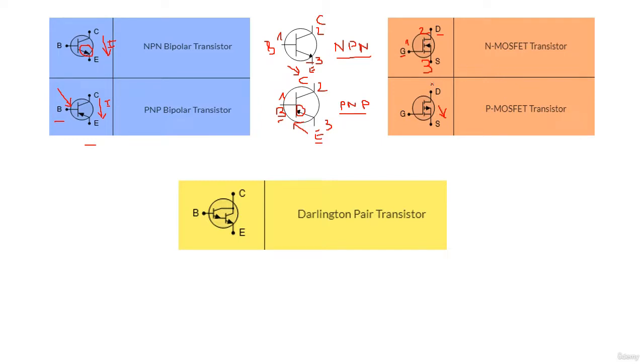So the working principle of the MOSFET is the same as the transistor. We have the gate here. When we apply some voltage or current here, for example 3 volts or 1.5 volts, the current will flow between drain and source.